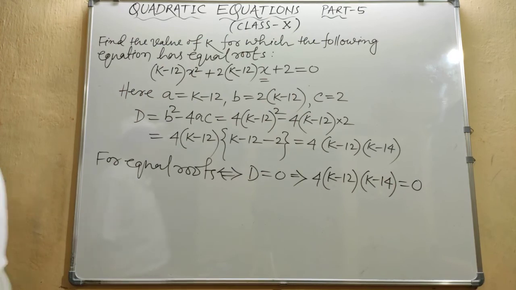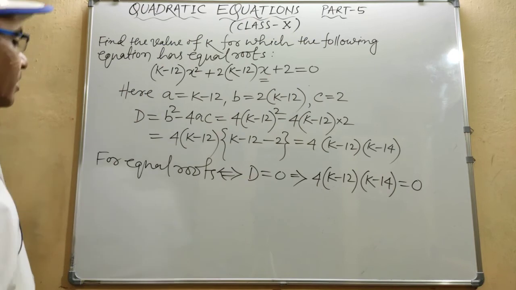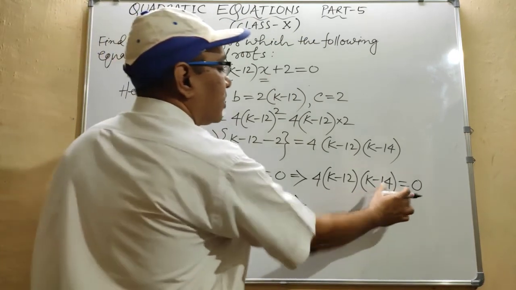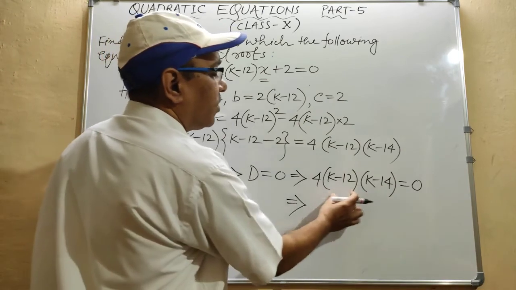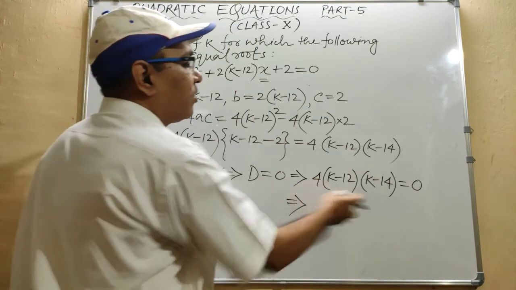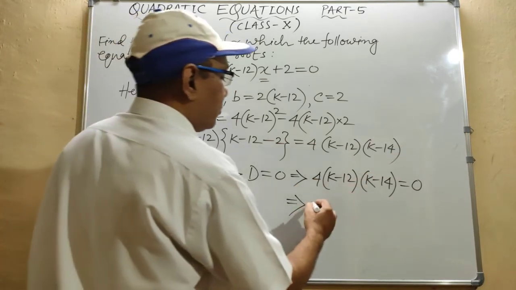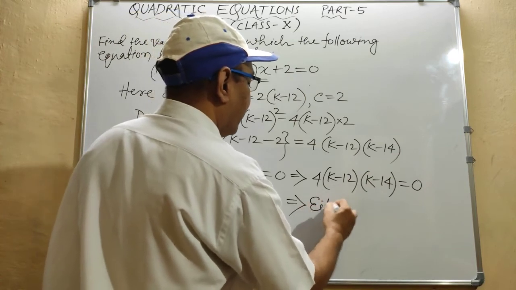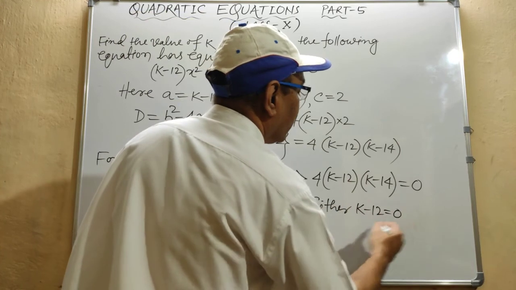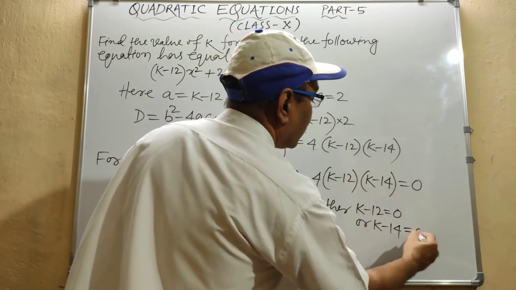यहाँ से आपको k का वैल्यू निकाल लेना है, ठीक है। This is equal to 0. It means either this equal to 0 or this equal to 0. This 4 cannot be 0. This is a constant. 4 will go to that side. 0 by 4 is 0. So we write either k minus 12 equal to 0 or k minus 14 equal to 0.